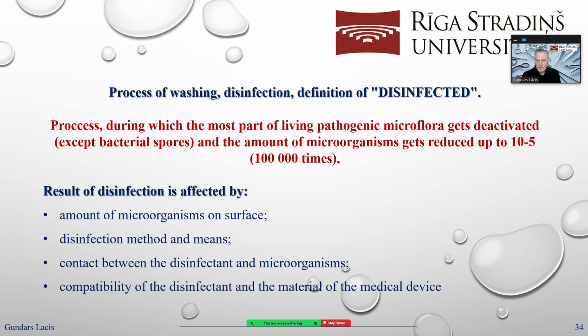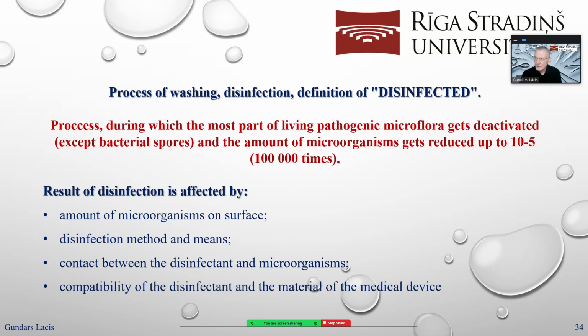It can also be affected by the disinfection method and means. It means not everything we can disinfect by everything we want. For example, thermal disinfection or chemical disinfection with alcohol or aldehyde groups is always different.